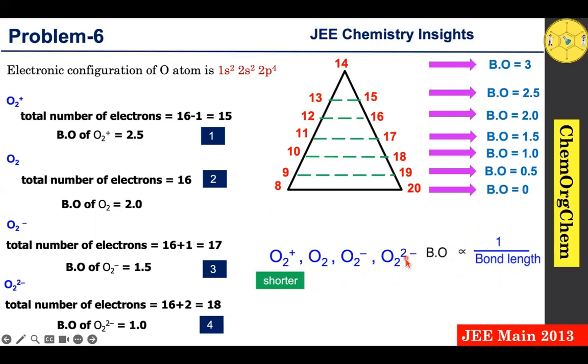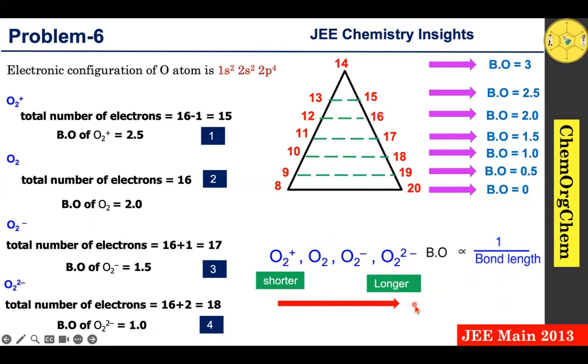When you come to O2 2-, its bond order is 1.0, which means its bond length is longer compared to the rest of the oxygen species. Based on that, we can draw one arrow: when you go from left to right, the bond length of the oxygen species increases.